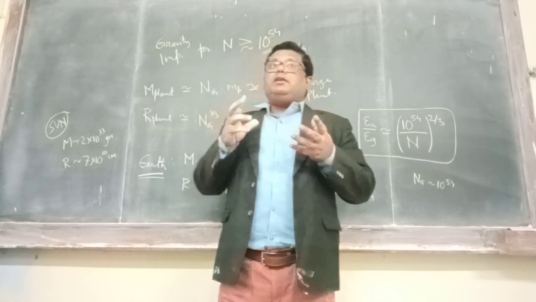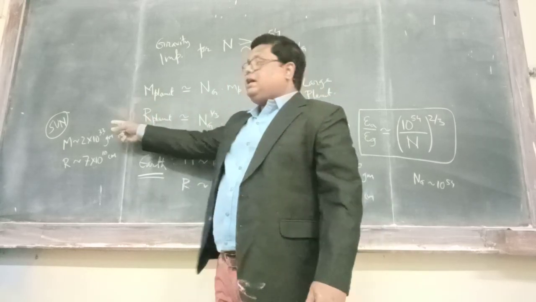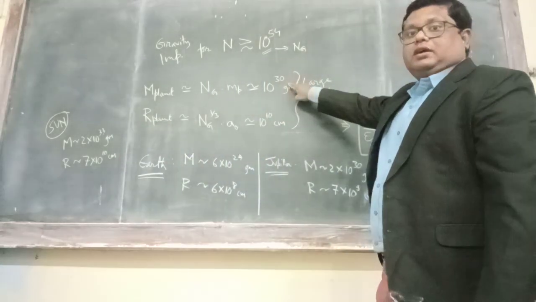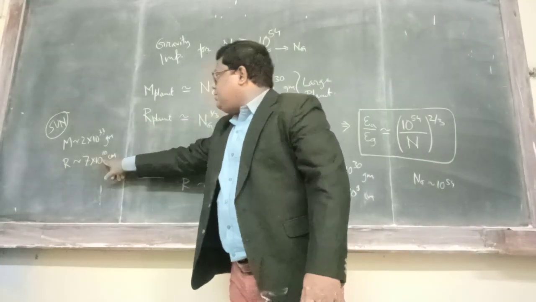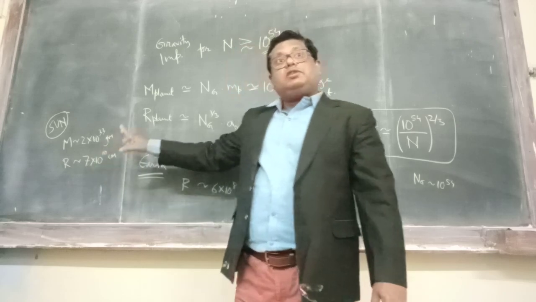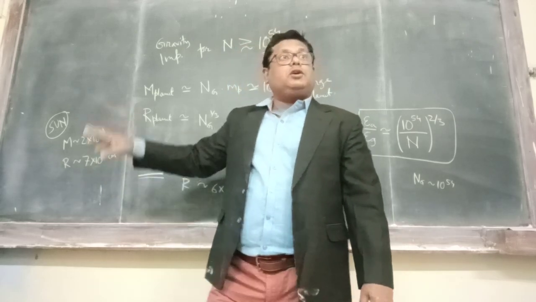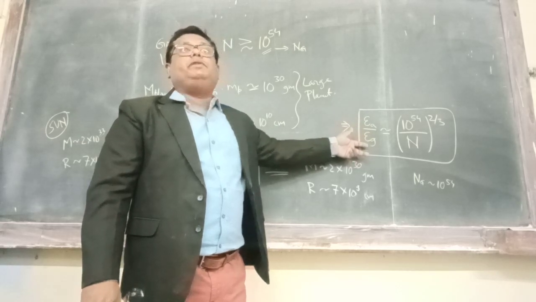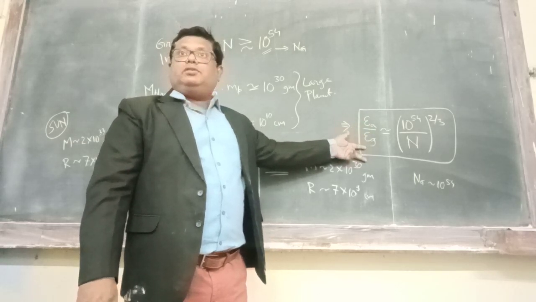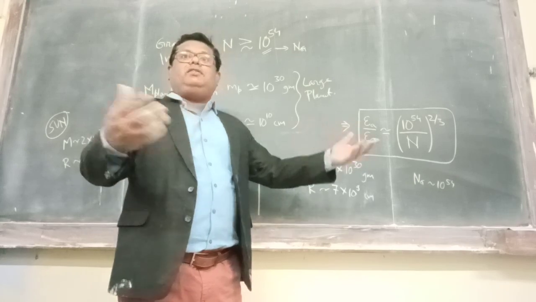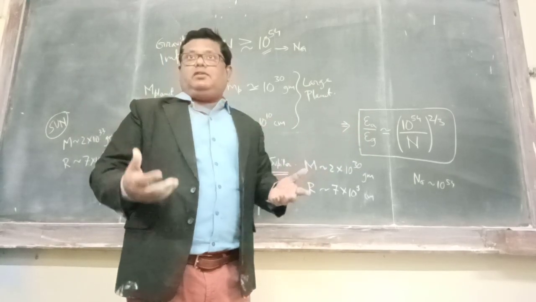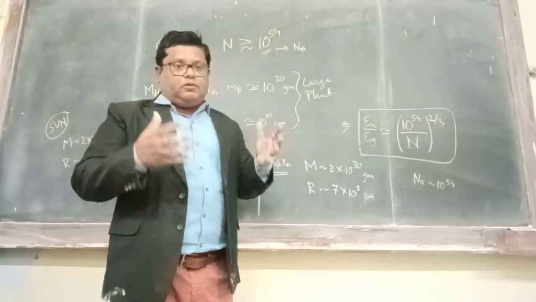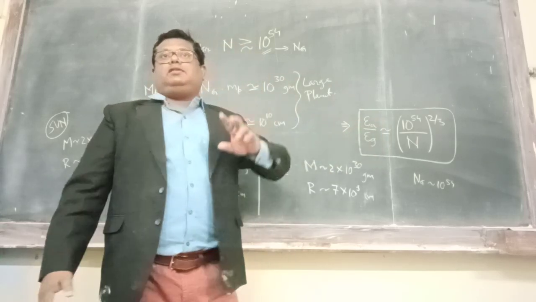Okay. Now what about stars? See, the sun: what's the mass? 2 into 10 to the power 33 gram, more than 30. What's the radius? 7 into 10 to the power 10, more. So this means stars are objects where gravity is now becoming the most dominant force. We will be talking about the physics, but this is important.